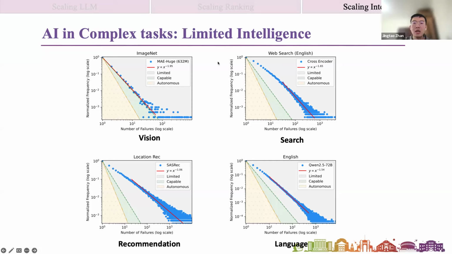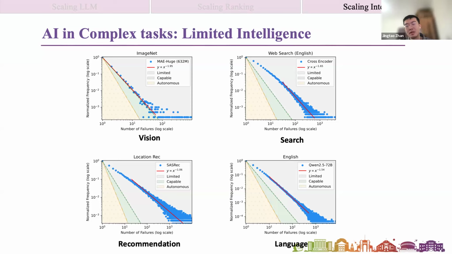And for search, we use many different formulations. For example, we use MS MARCO, and we also try T2Ranking, the Chinese version, and we also construct a synthetic data set. We use the title of a Wikipedia page as a query and the body as a document, and let the model find out which body is relevant for a given title.